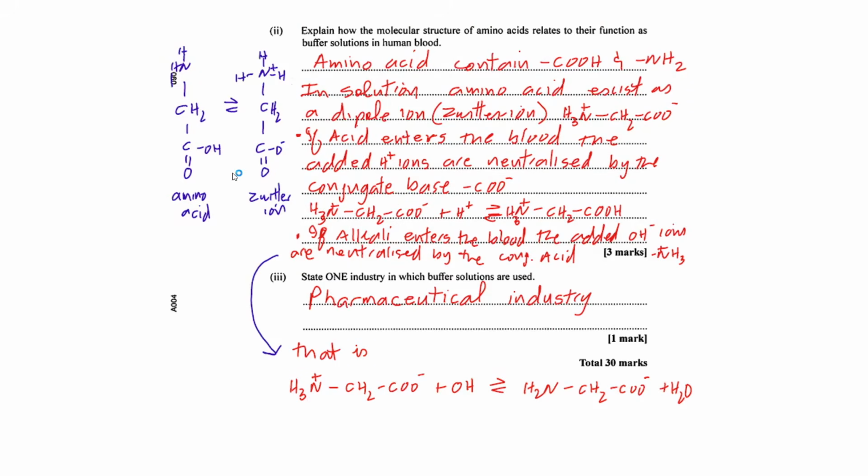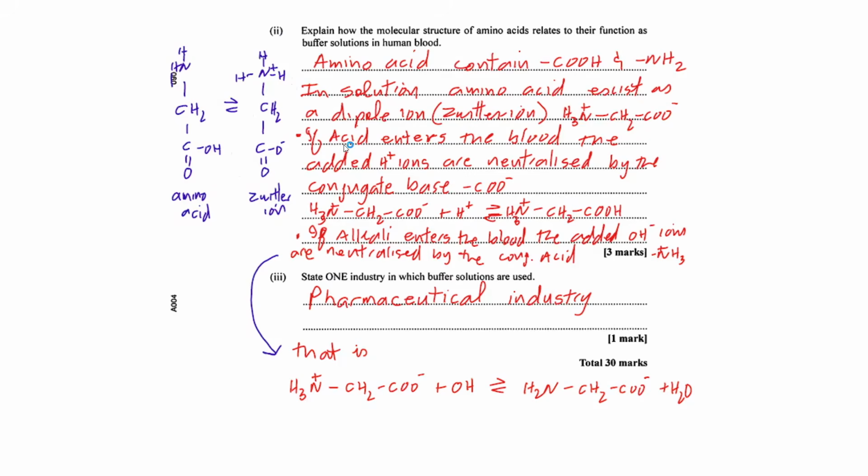So here we see where the acid donated the proton to the base, forming the conjugate base, COO-, and the base accepted the proton to form the conjugate acid NH3+. So now this is our dipole ion, which is our zwitterion. So this dipole ion will now interact with things in the blood.